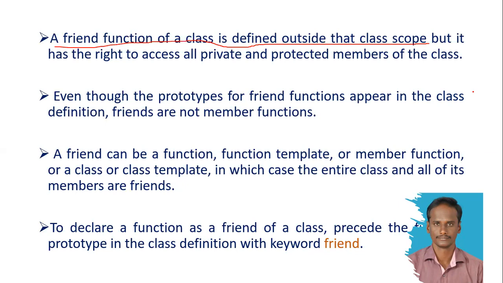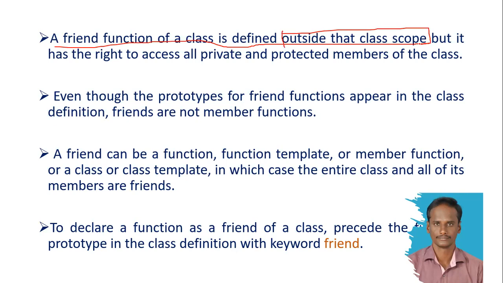If it is a function, we call it a member function, the function which is defined inside the class. But the friend function is a non-member function, in the sense that the function is not defined inside the class. That's why it is given here as outside of the class scope.